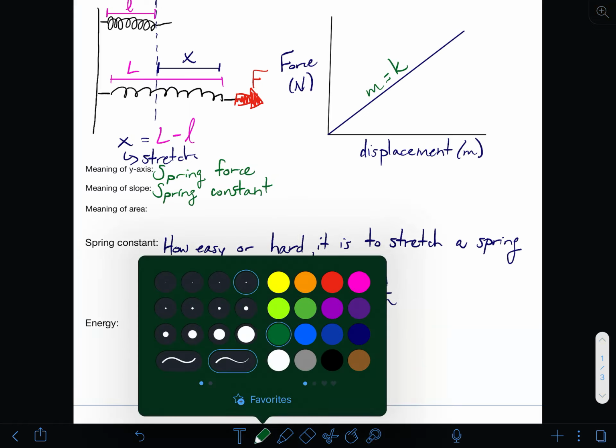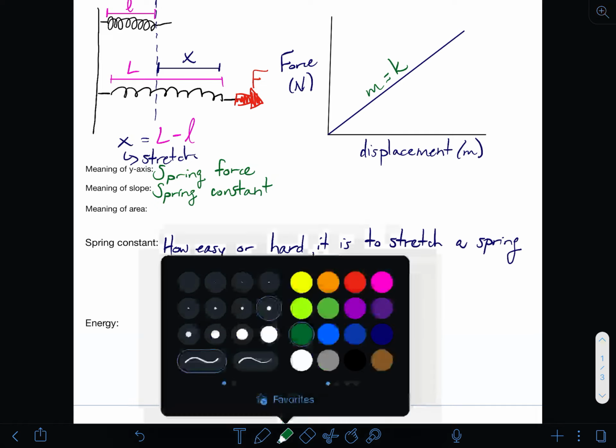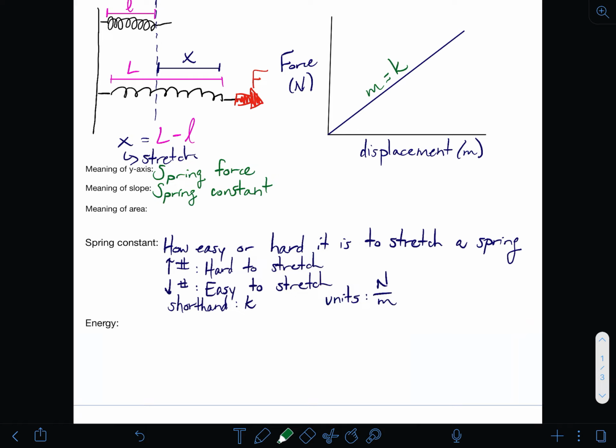And that brings us, so that was all about the slope. But we still need to discuss what the area of this graph tells us. If you recall, the area of a graph is the shape that is bound between your line and the x-axis.